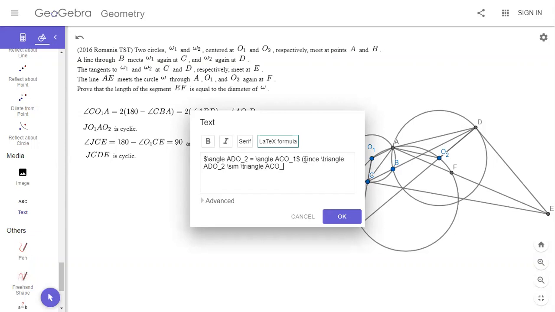Yeah, I feel like this problem shouldn't have taken this long, it's just thinking about how to write up the angle chase.